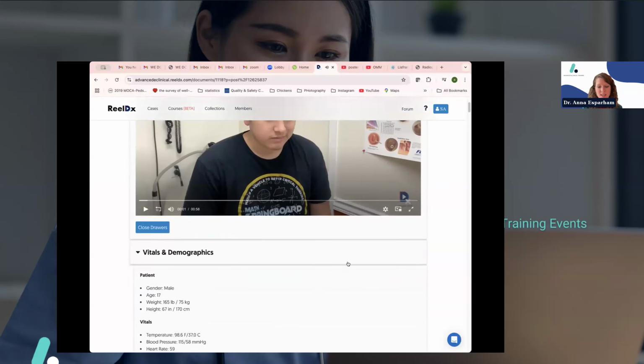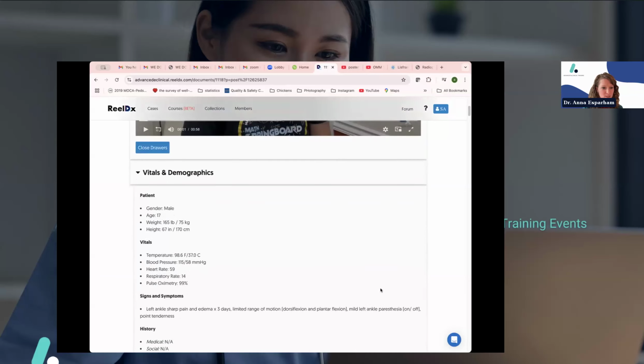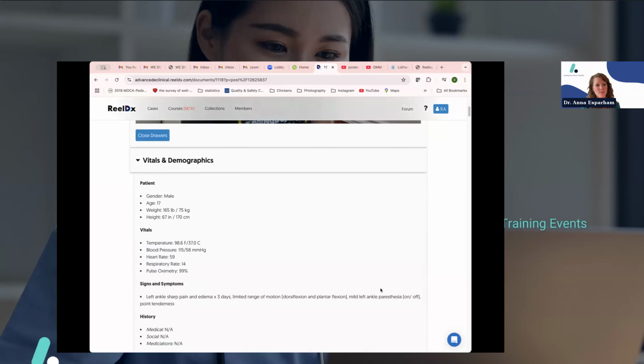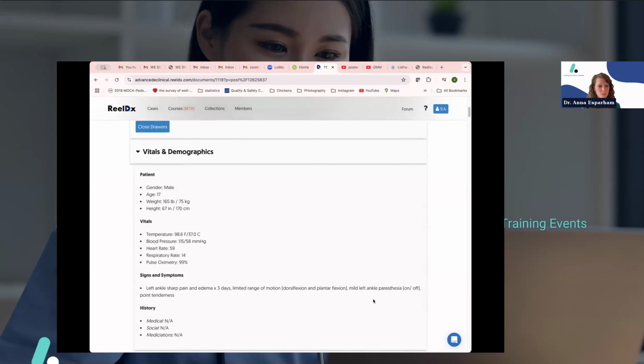Okay, I think he goes in the physical exam later, but what we've got is a 17-year-old male. Vital signs look stable. He twisted it on the trampoline, which is a common injury. He's got some ankle pain and edema and difficulty moving it, so that's limited range of motion for the ankle.